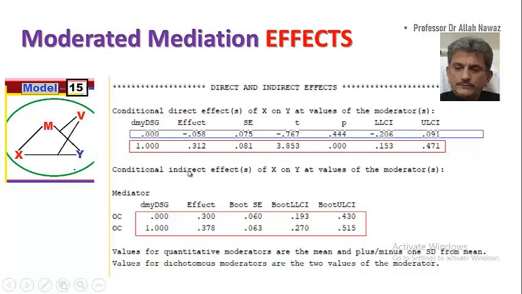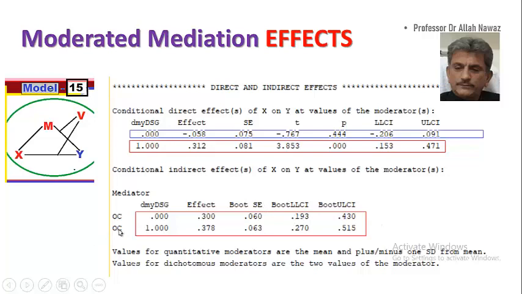Next, the conditional indirect effects of X on Y, effects of X on Y through mediator and moderator. These will also come in two forms. In the presence of organizational culture, when the staff members are used as the operators of this mechanism, then the effect is 0.300 and it is significant.